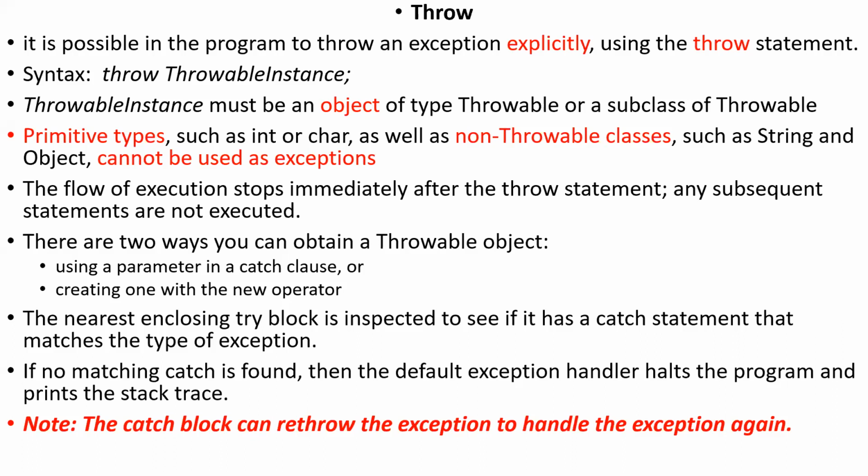It generates that message in the form of a stack trace and displays that message in the command prompt for the user. So the user can see that so and so exception has occurred. That is because of the default handler.